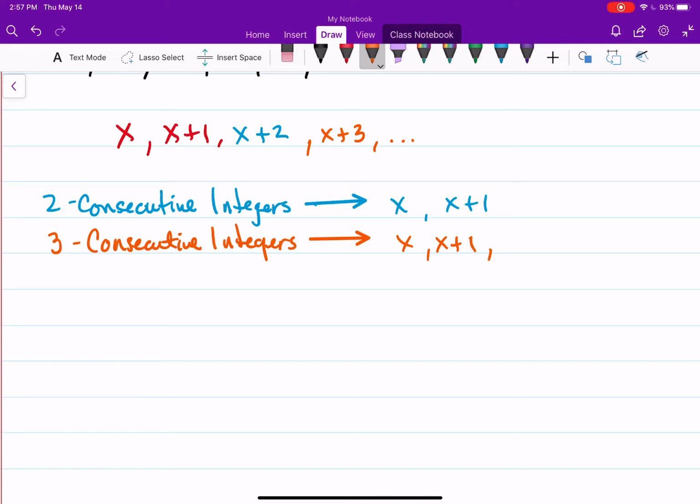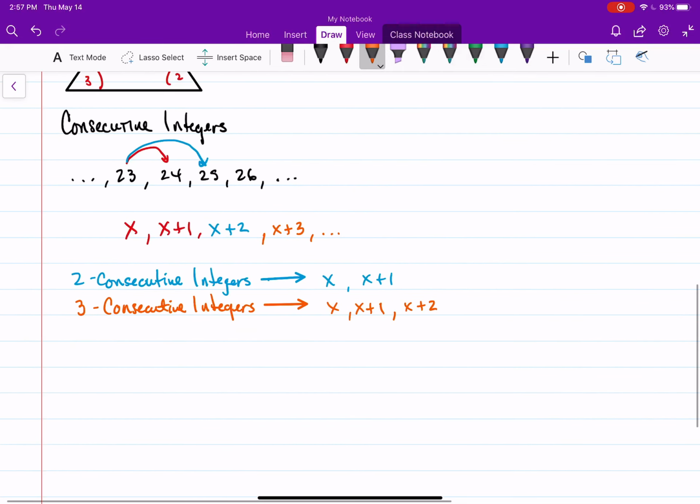Second one, and a third one, right? So depending on how many you need is how many you would write down, okay? The problem would tell you how many consecutive integers there are, okay? All right, so that is consecutive integers.